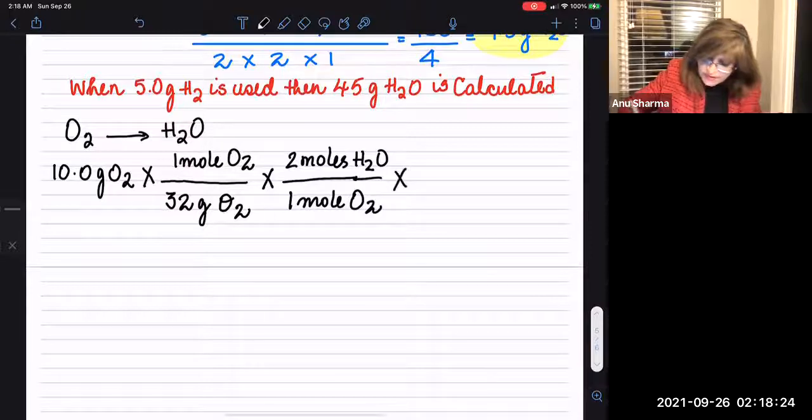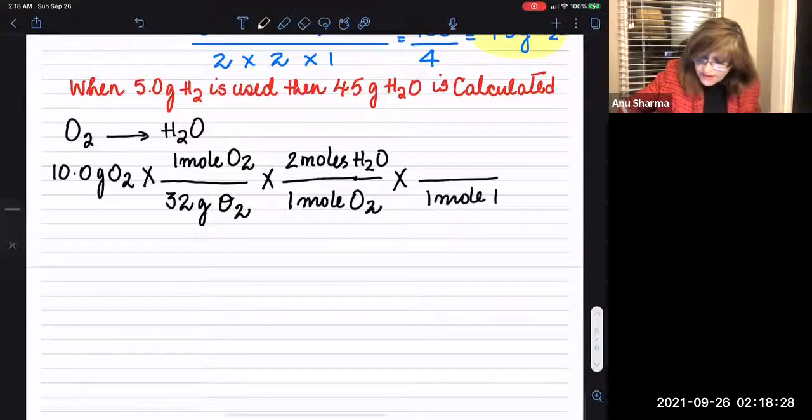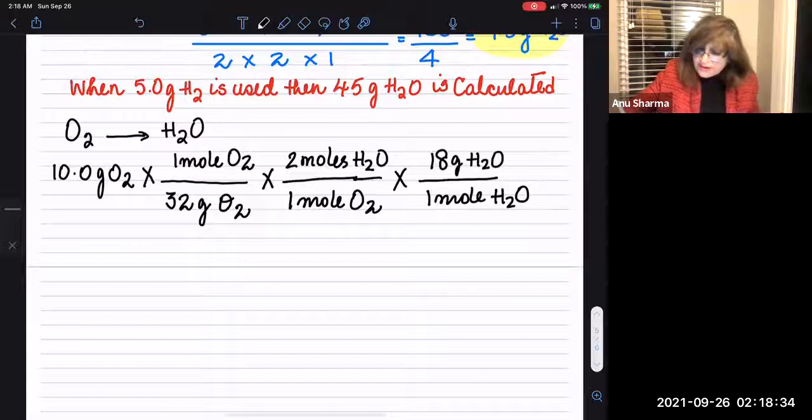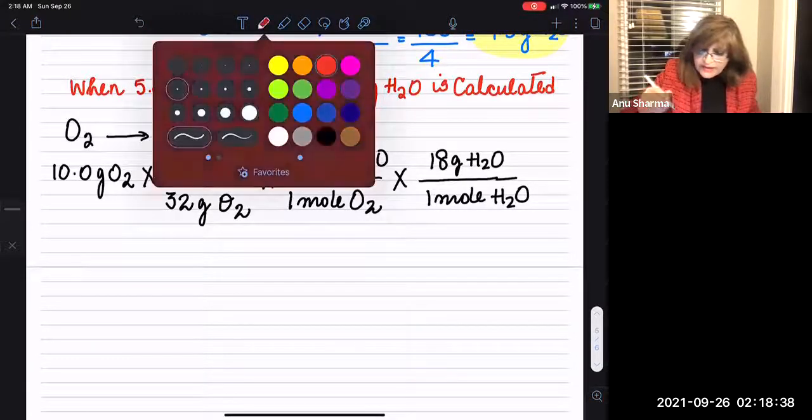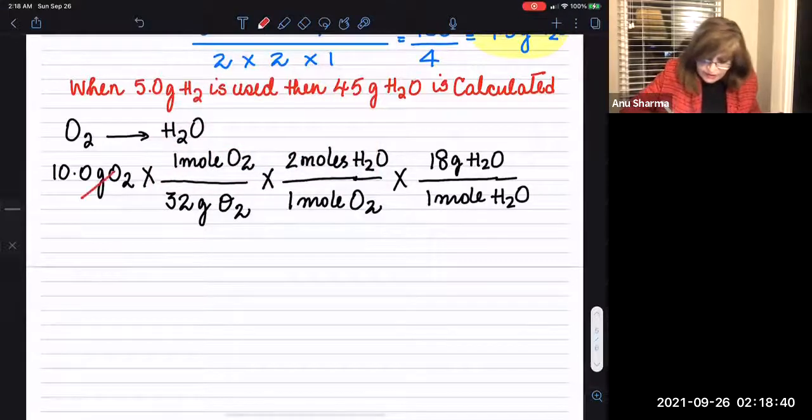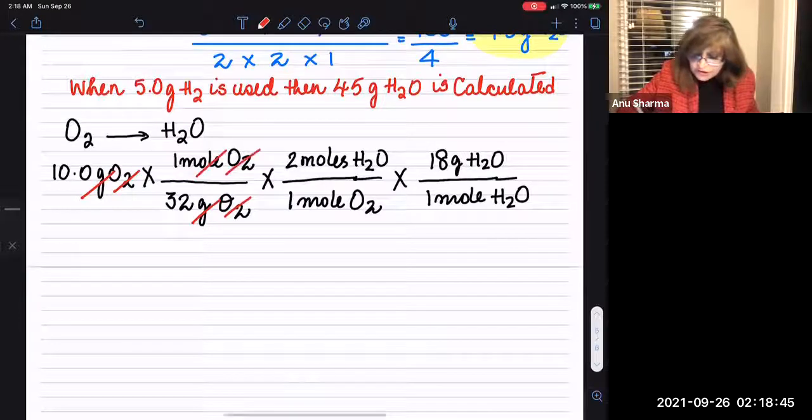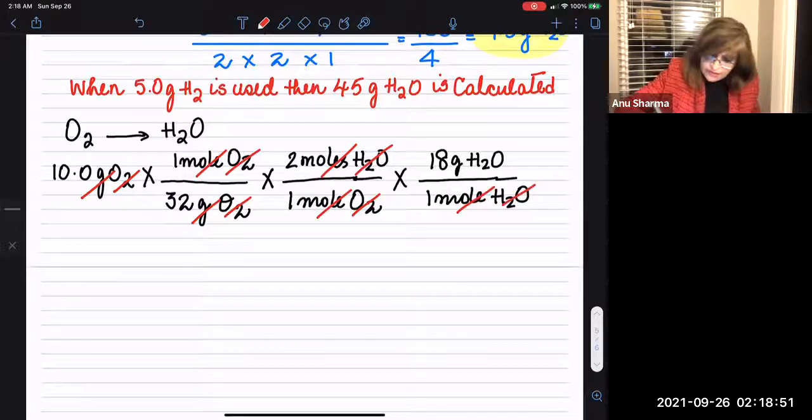Okay, times, and here you have 1 mole of water in the denominator and 18 grams of water in the numerator. All right, so grams of oxygen and grams of oxygen cancel out, moles of oxygen and moles of oxygen cancel out, moles of water and moles of water cancel out. And what do you get here?